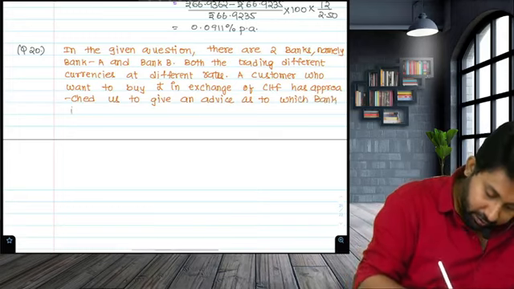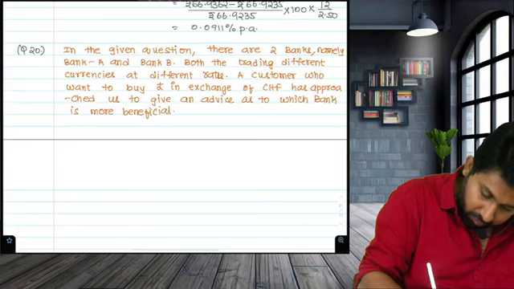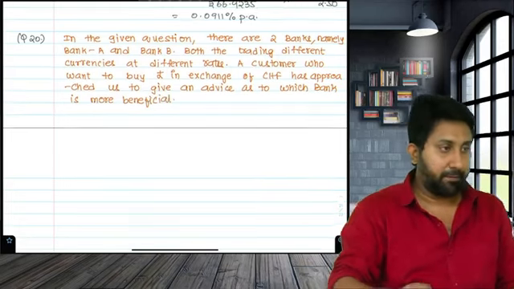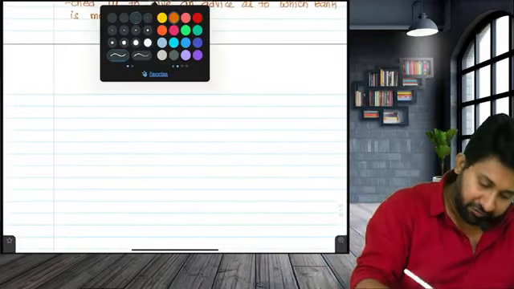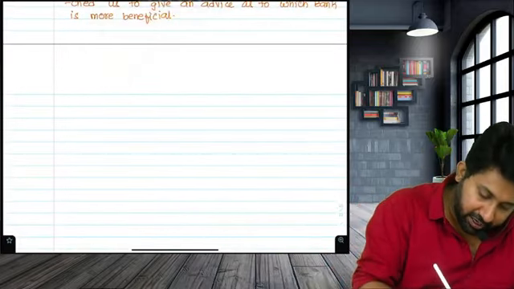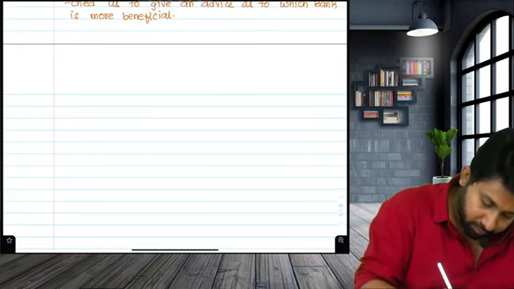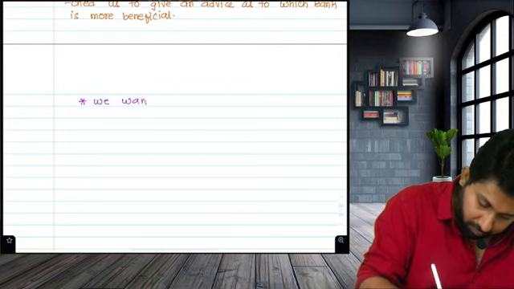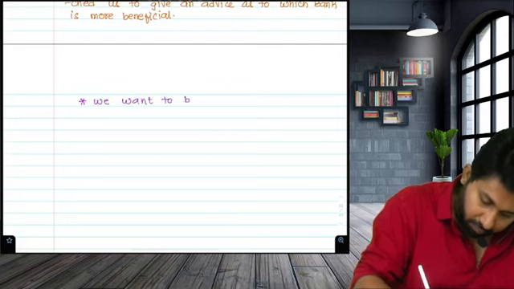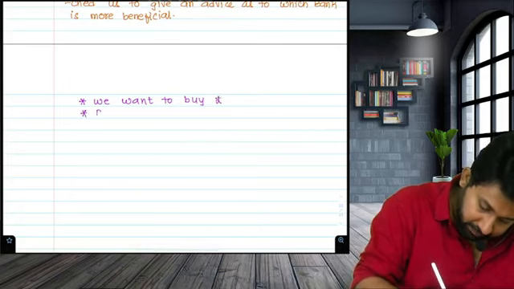Which bank is more beneficial? First, let us write down the theory part clearly. We want to buy pounds.